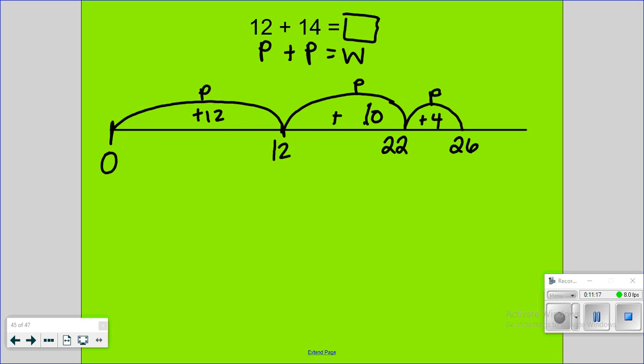I can keep going. What's my whole? What's my whole? Just this spot? No, 26 numbers. So from 0, all those numbers here, that's what I'm counting. I'm counting all those numbers.